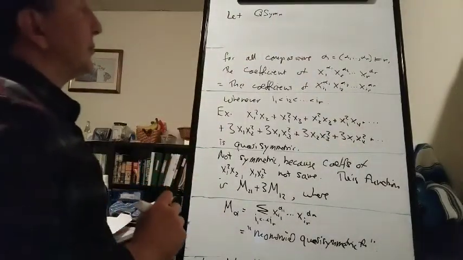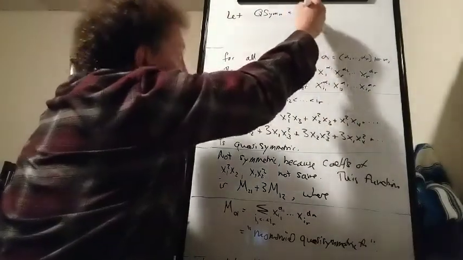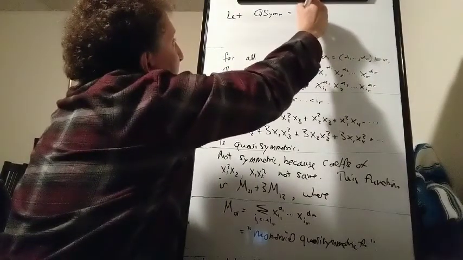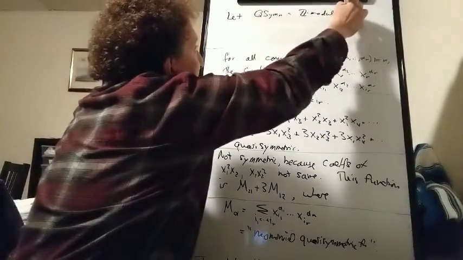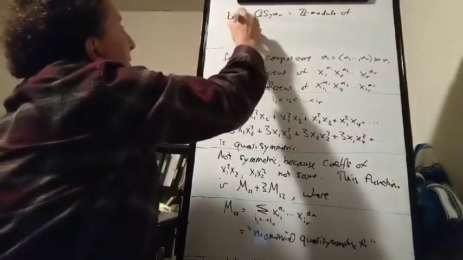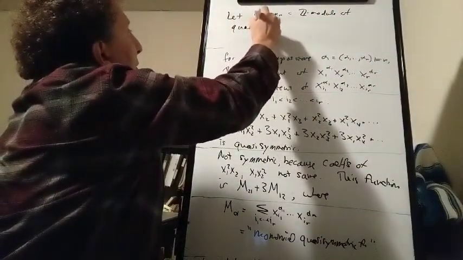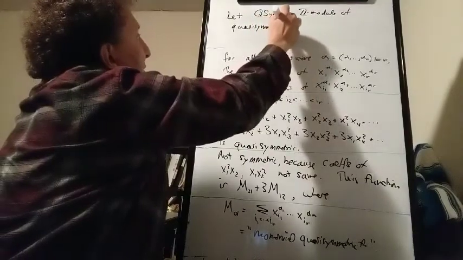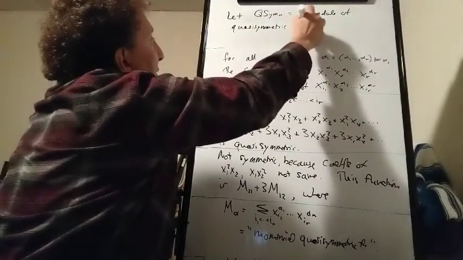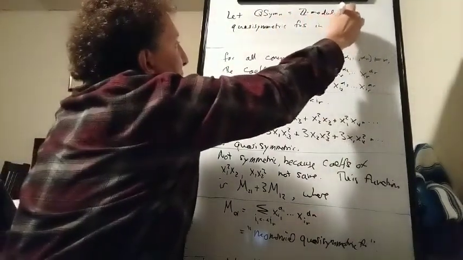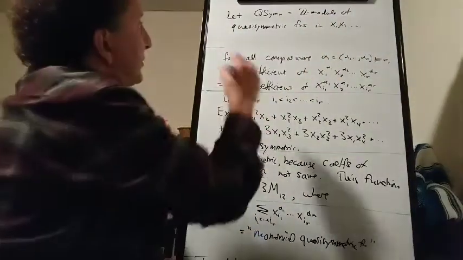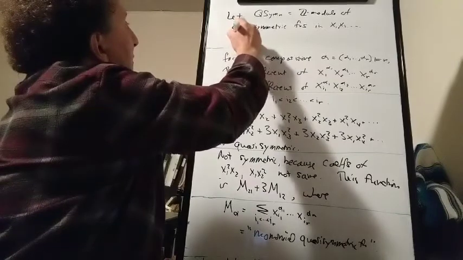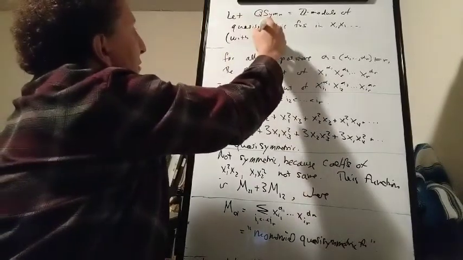Let's let QSym sub n be the Z module of quasi-symmetric functions in variables x1, x2, etc., in general in infinitely many variables, so with integer coefficients.